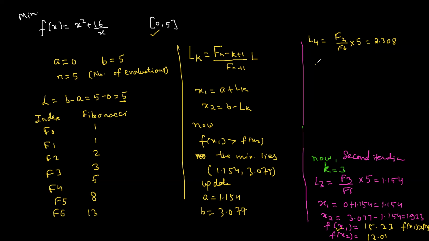Now update x1 and x2. 10 by 13. Points 769. Okay. Now update x1 and x2. X1 will be, right.